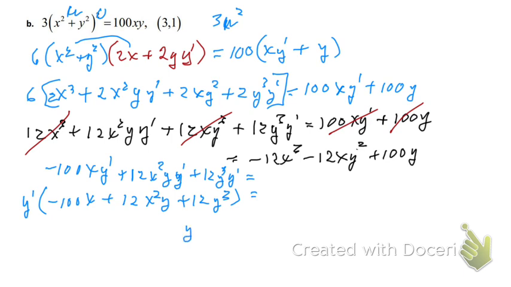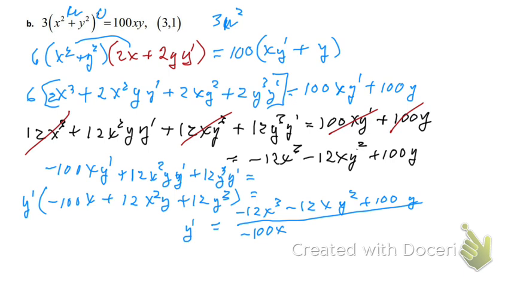So my y prime, finally, is going to be minus 12x cubed minus 12xy squared plus 100y, over negative 100x plus 12x squared y plus 12y cubed.